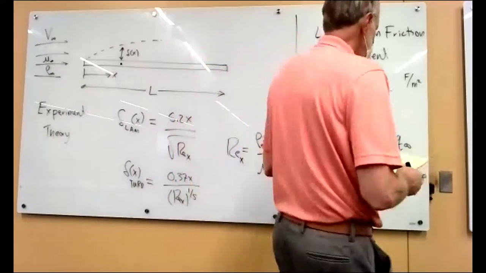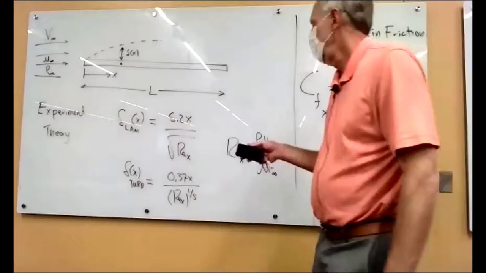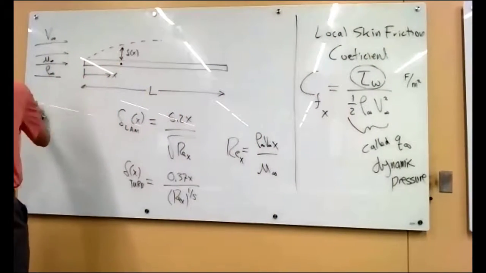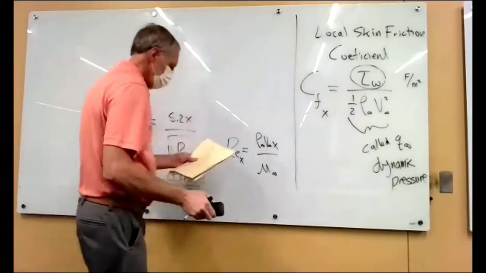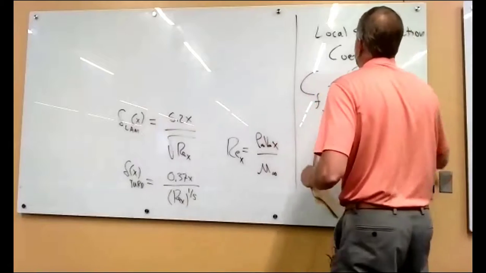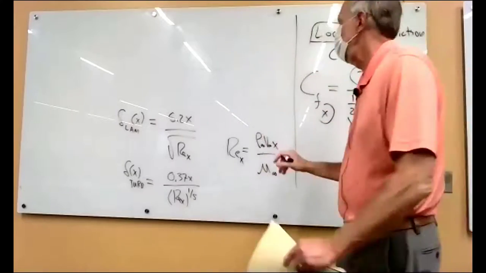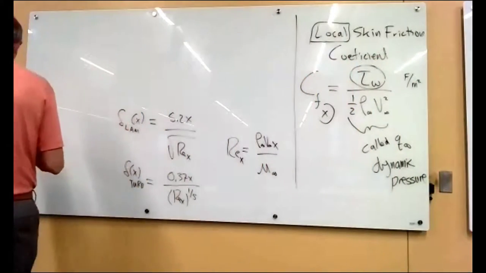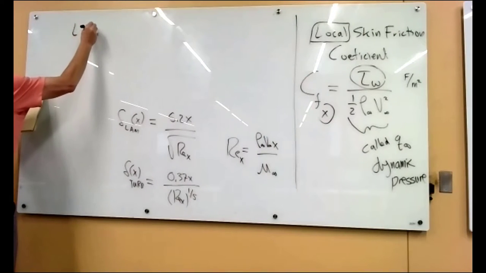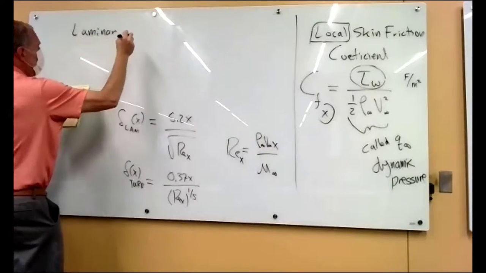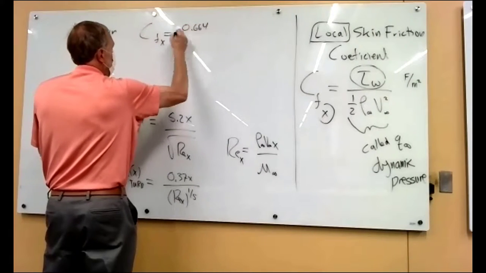All right, so the formulas that you need, and by the way, these are the formulas that you're going to be using in the homework that you're working on. You need the boundary layer thickness formulas. And then here are formulas for what's called the local skin friction coefficient. The reason it's called local is because it depends upon which position x you are down the plate, so it changes with position. So for laminar, the skin friction coefficient is calculated from this.